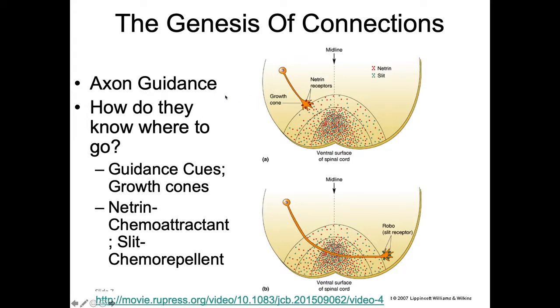How do they know where to go? The answer is basically that as axons project along, they have guidance cues. These guidance cues interact with growth cones that are present on the developing neurons.